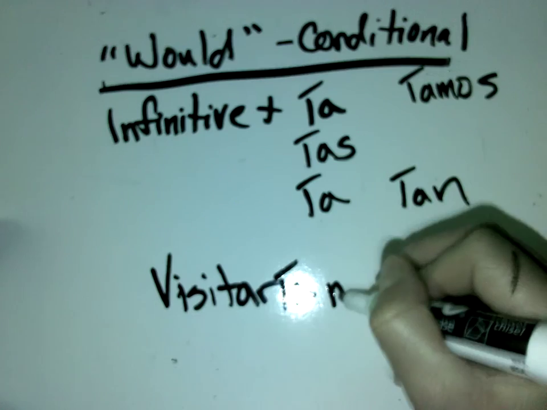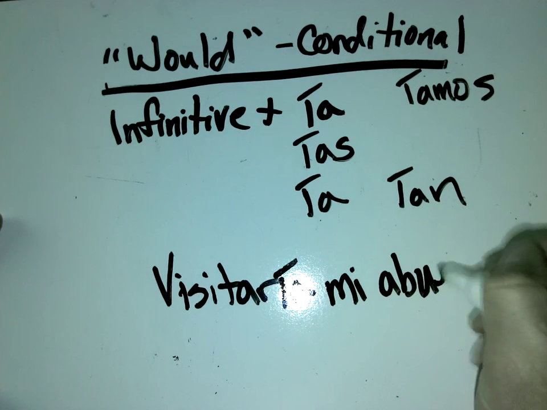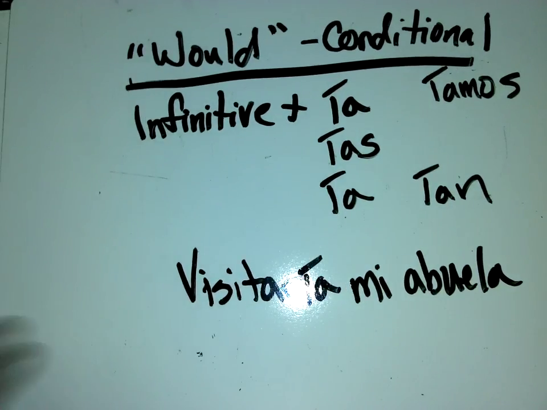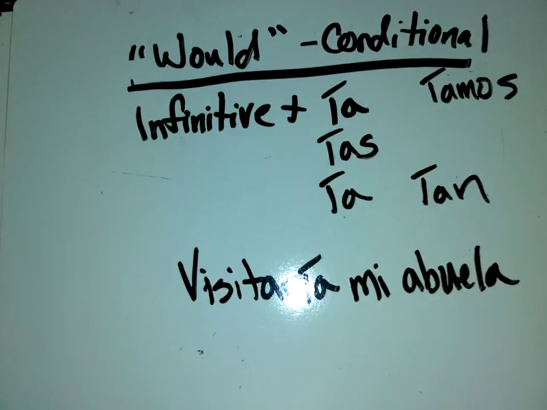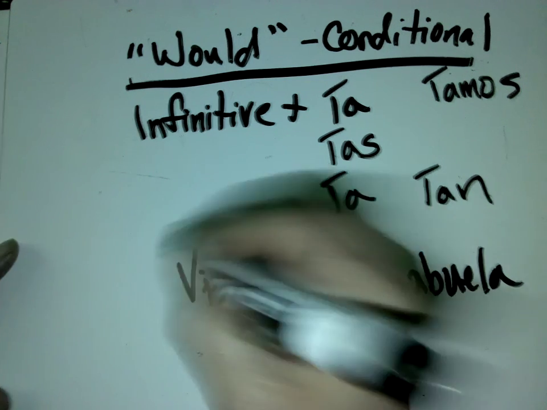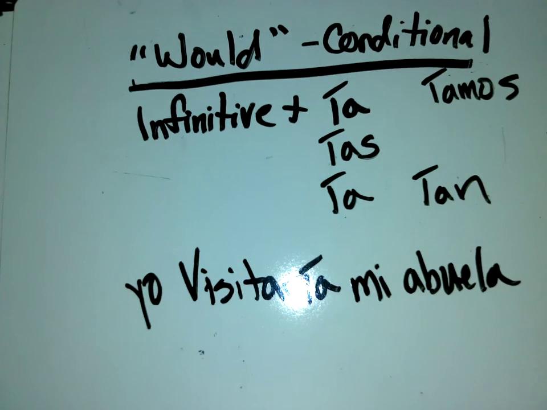Visitaría a mi abuela. Now, the only issue that could potentially come up is there's no way of looking at visitaría and knowing if I am saying I would visit, he would visit, she would visit, or you formal would visit. What might one add to help that? Maybe a yo, just to assist with something like that.